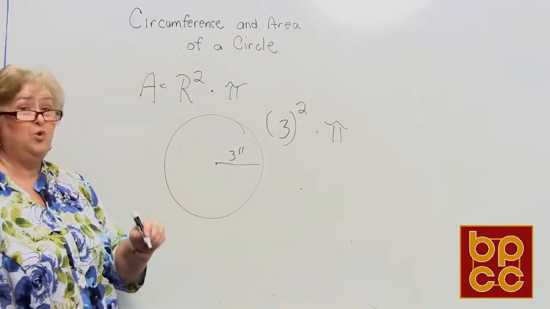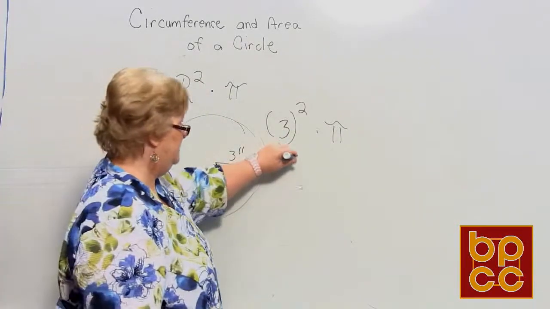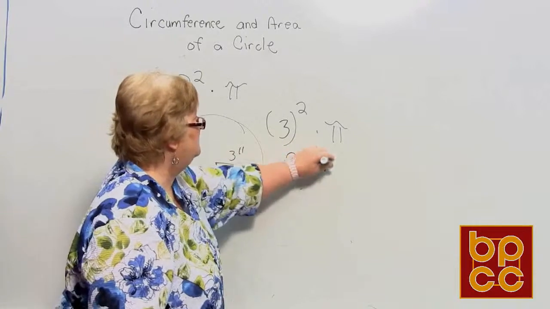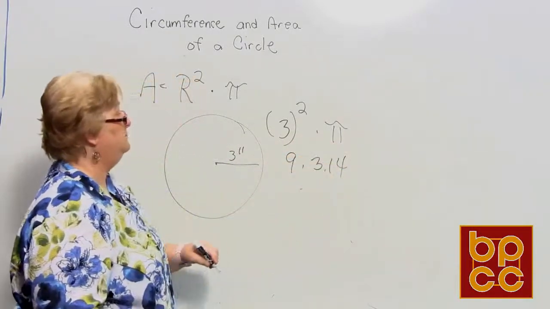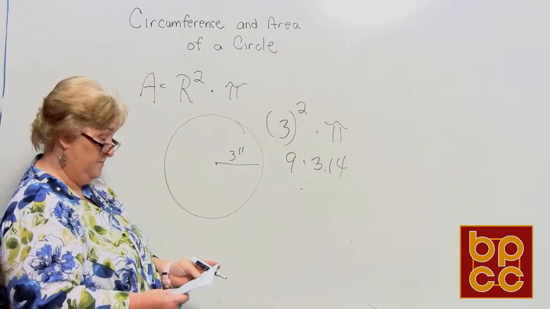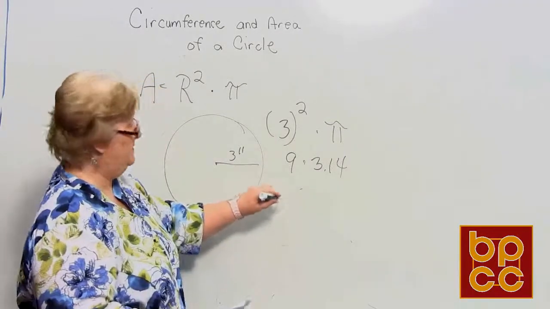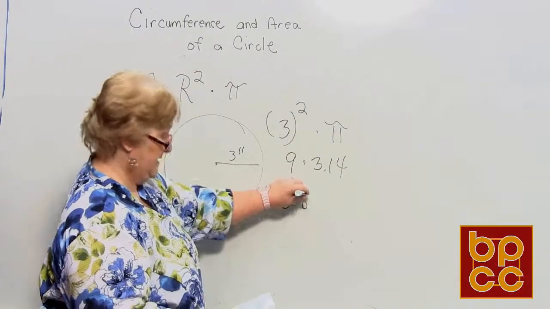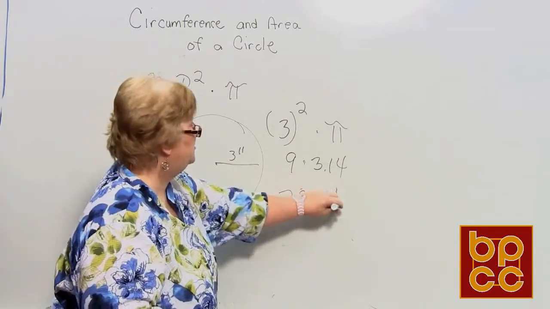So 3 squared is 9, and 9 times 3.14 will be, when you multiply, 28.26.